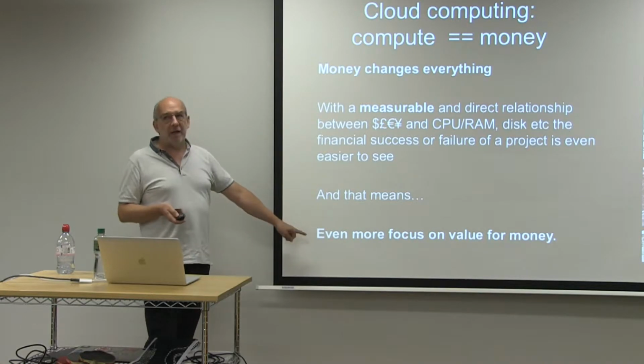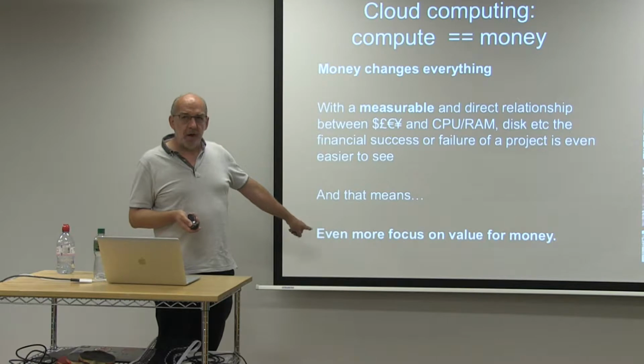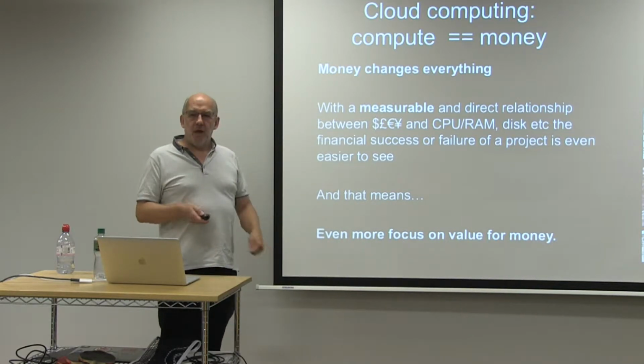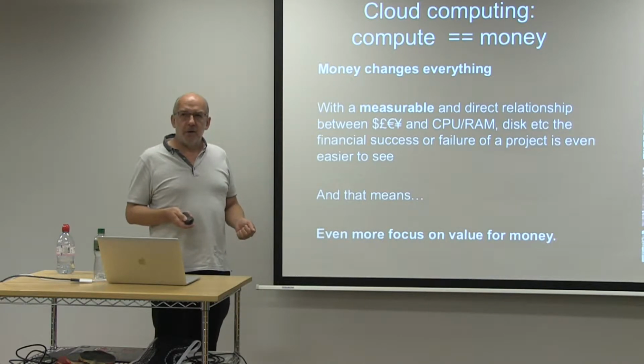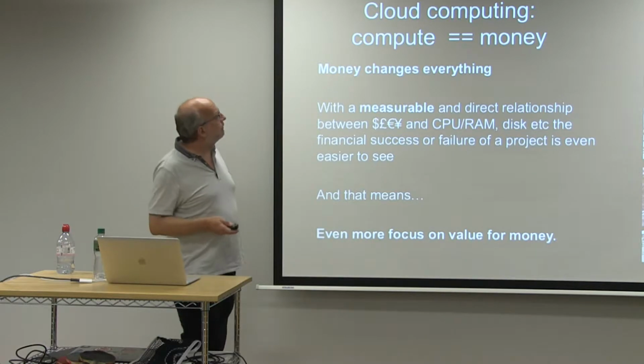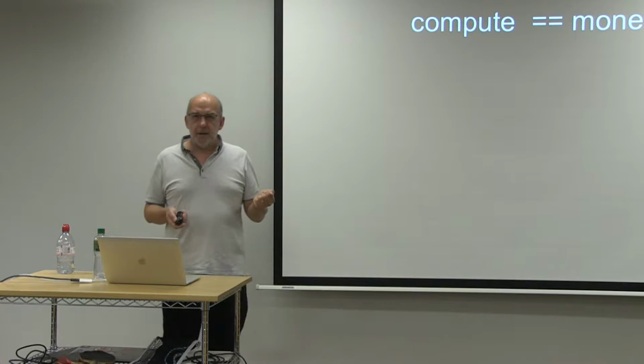So people, i.e. accountants, look much harder at where you spend your money in the cloud because they understand money. And when you say, I want another big computer in the cloud, they go, I know how much that's going to cost. They get it. Right? So they take that equation: compute equals money.